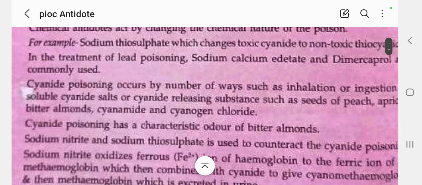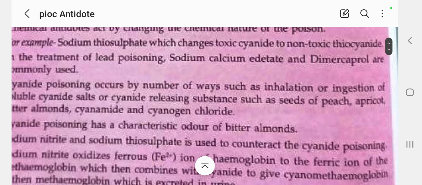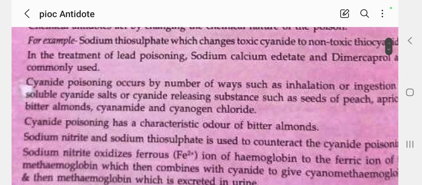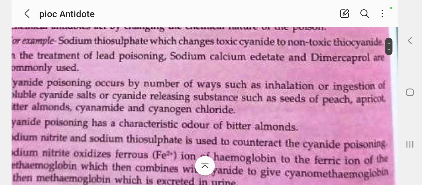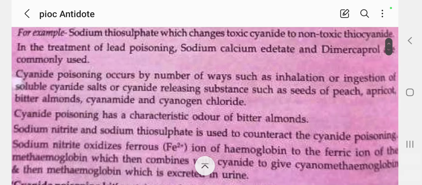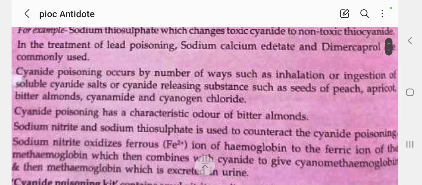Then next, cyanide poisoning occurs in a number of ways, such as inhalation. I told you there are two chances, intentionally or unintentionally. Unintentionally, it occurs through inhalation or ingestion of soluble cyanide salts or cyanide-releasing substances such as seeds of peach, apricot or bitter almonds, or cyanamide and cyanogen chloride.